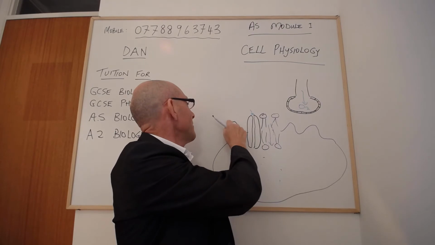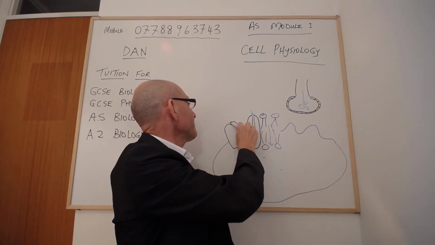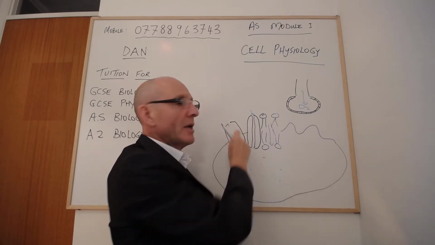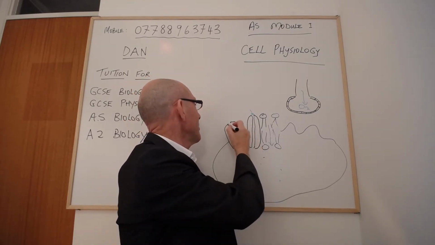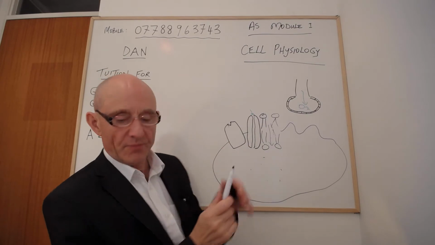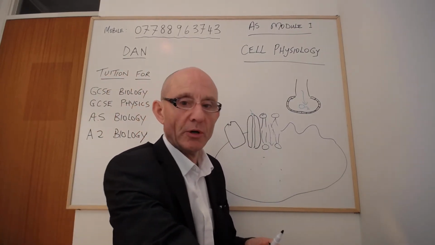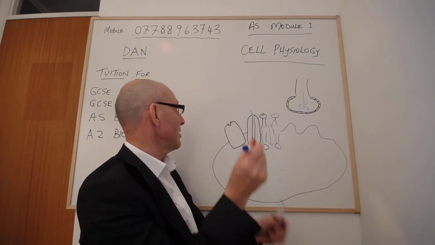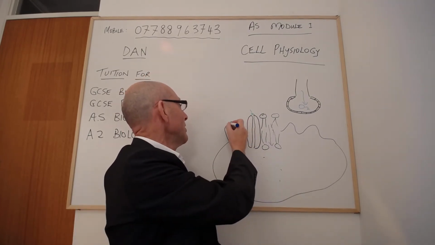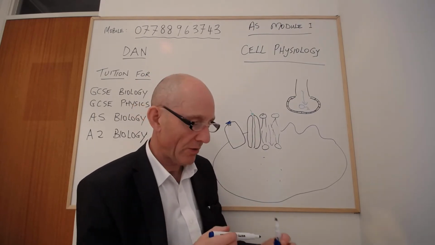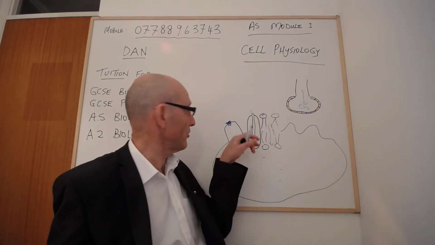But what they'll have is a place on the outer surface, a bit like an active site in an enzyme, where molecules can attach to them. So for example, this carrier protein has a place on the surface, and this particular ion may attach to that place, a bit like an active site. So the ion can attach into it. And now notice there's no channel.